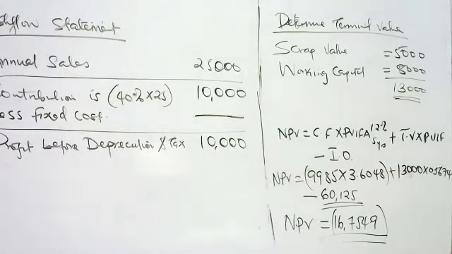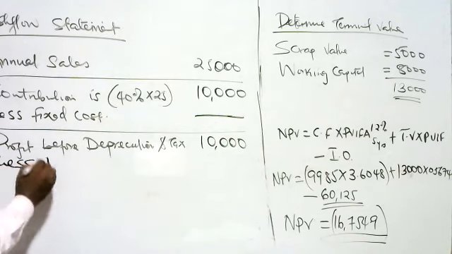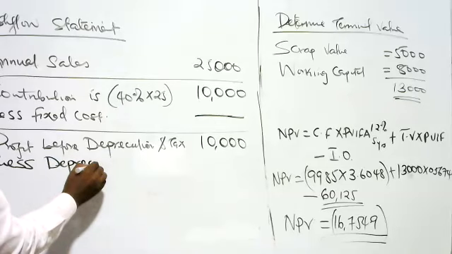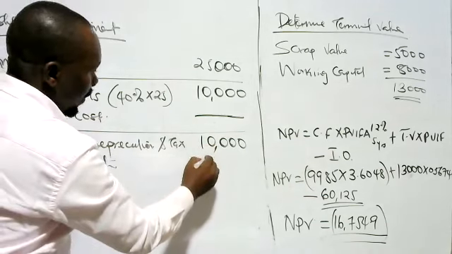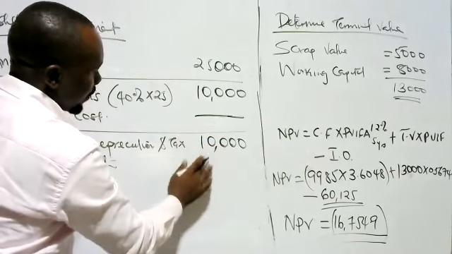So in the normal way, we would say that from here, less depreciation. So depreciation is how much here? It is 60, 60, 16.